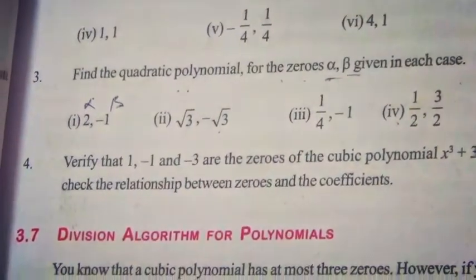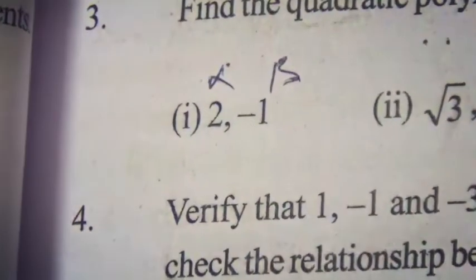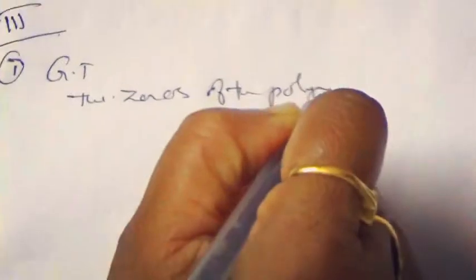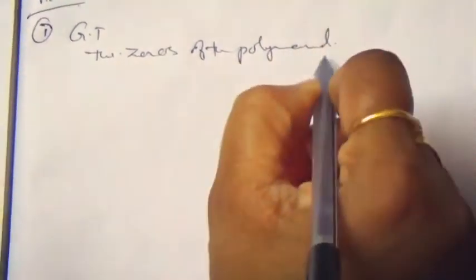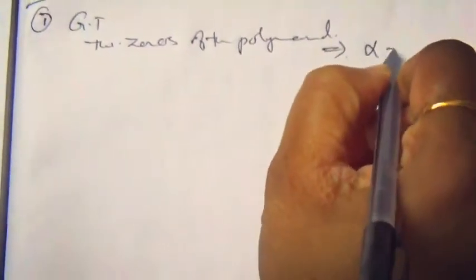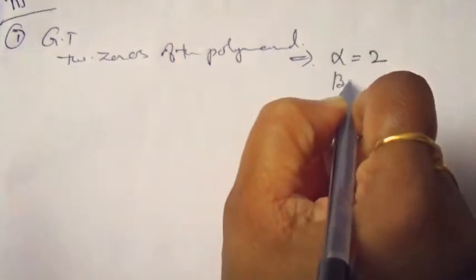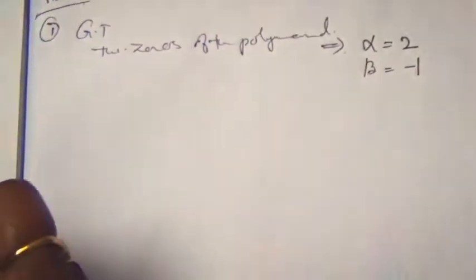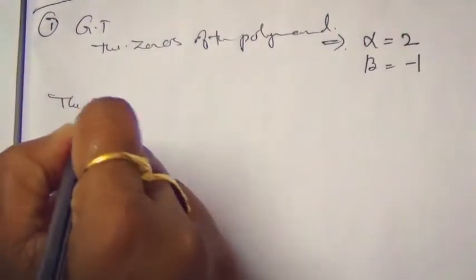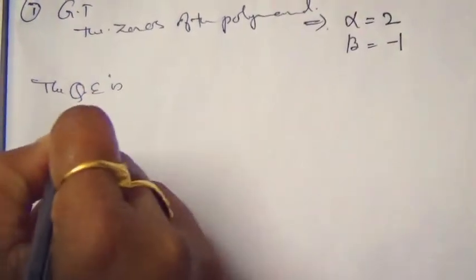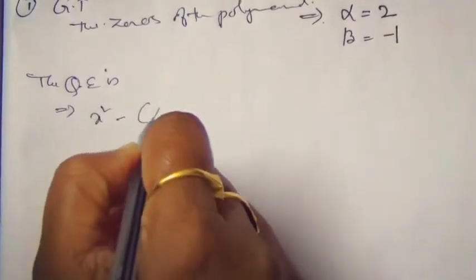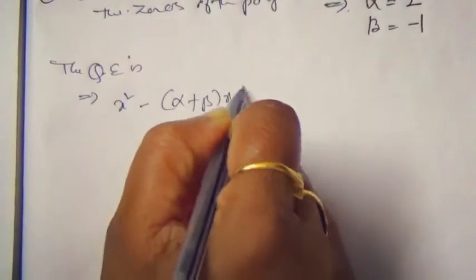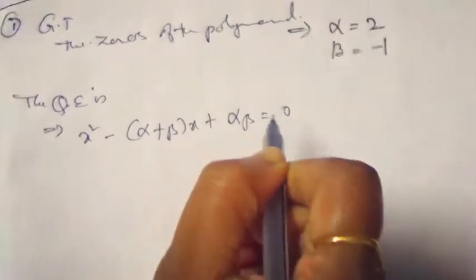Okay, so in that first sum, given that the zeros of the polynomial, that implies alpha is equal to 2, beta is equal to minus 1. The quadratic equation is x square minus alpha plus beta into x plus alpha into beta is equal to 0.